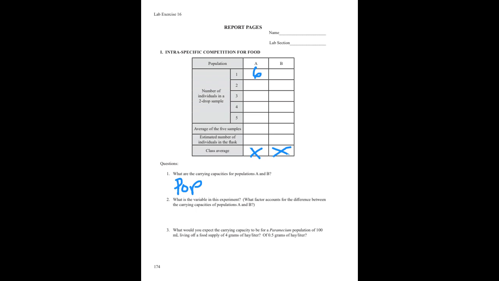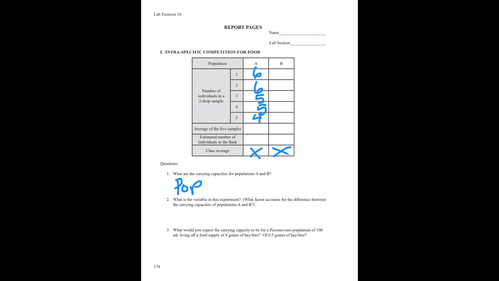For sample 3, you had 5. For sample 4, you had 5, and for sample 5, you had 4. Okay. So if we add those up, that's 12 plus 10 is 22, plus 4 is 26.